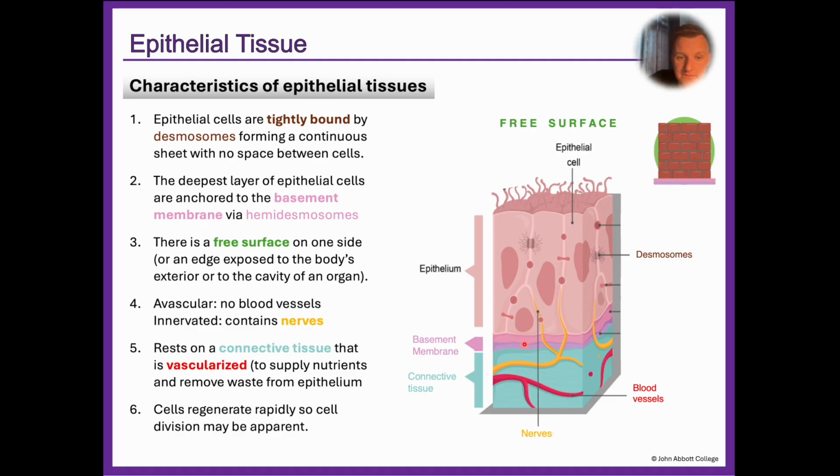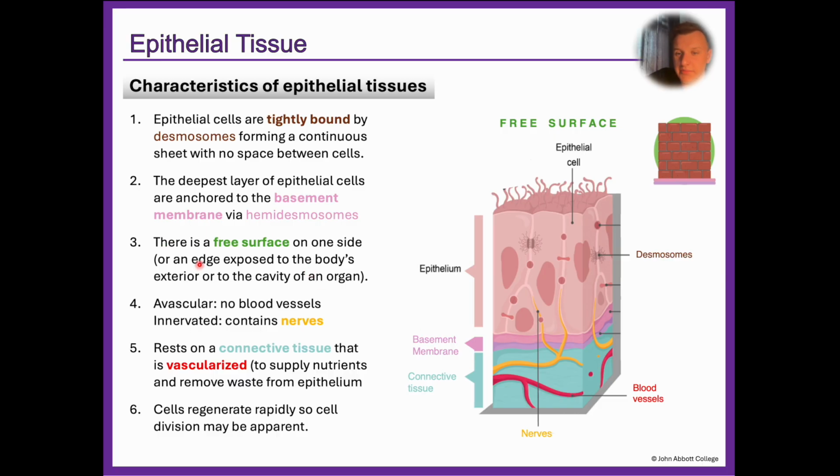So over here, this basement membrane, you don't see it here, but there's actually hemidesmosomes, half desmosomes, that anchor these cells down to the basement membrane, okay? So desmosomes in general link things together, right? They actually link two cells together, but a half desmosome, a hemidesmosome, will link these cells down to the basement membrane.